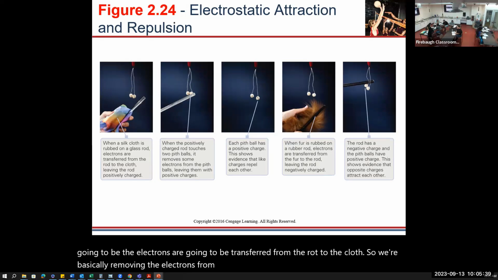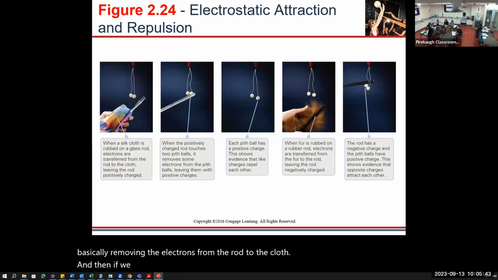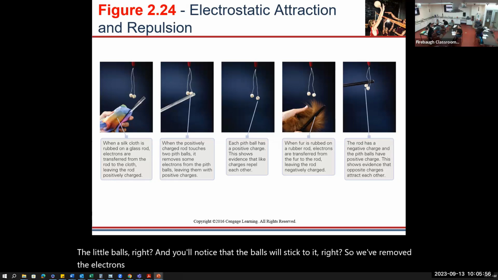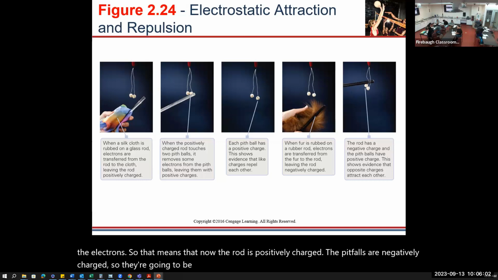And then if we touch that rod with the little pith balls, you'll notice that the balls will stick to it. We removed the electrons, so the rod is now positively charged. The pith balls are negatively charged, so they're attracted to it. So we get attraction.